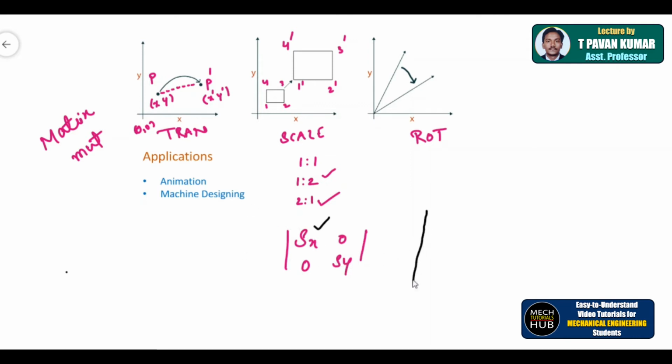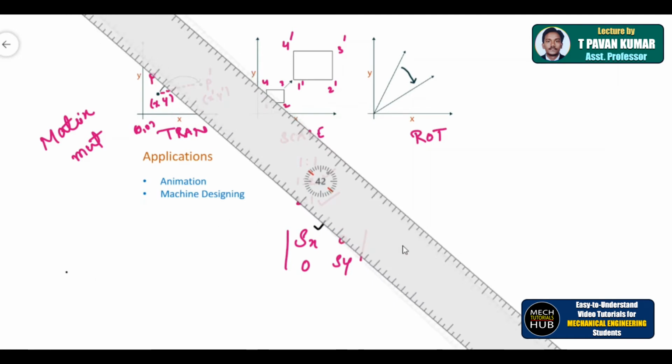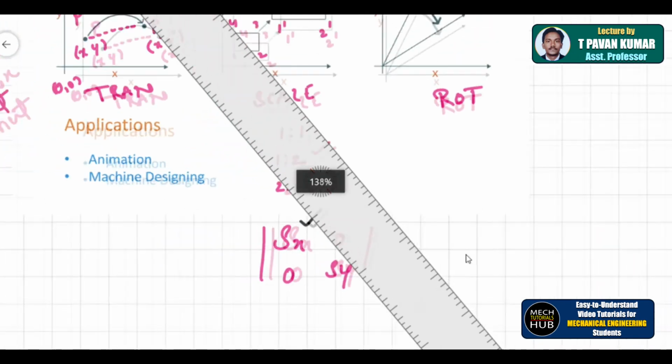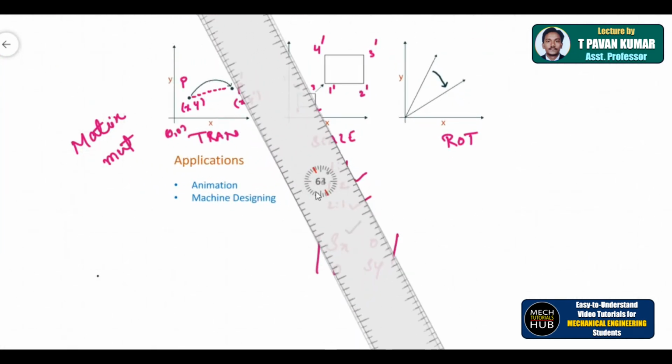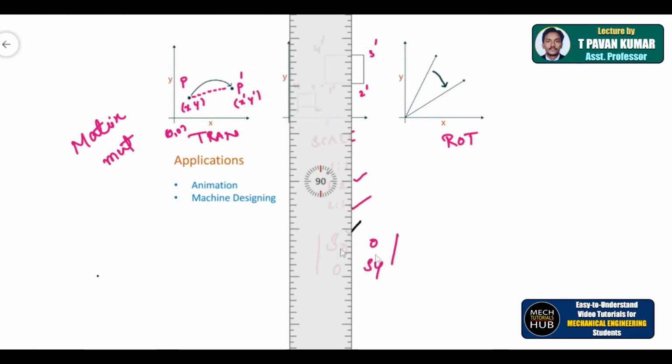Initially, if the coordinate is something like this, I'll just take a simple scale and increase. Let me keep it at 90 degrees in angle so that I can easily draw the sketch.